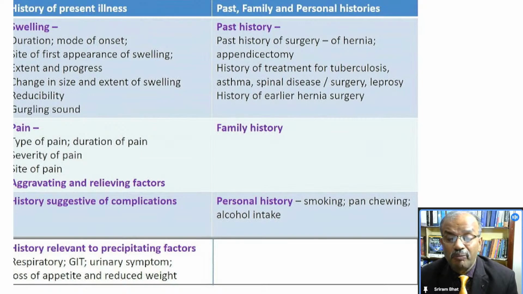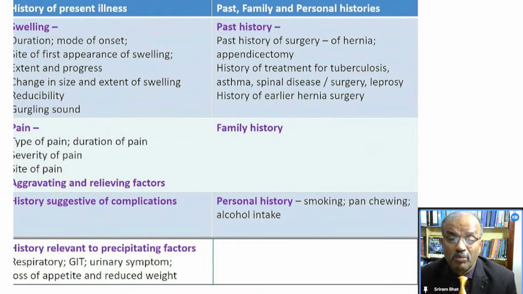Then history suggestive of complication. All of you know that the complications of hernia are first irreducibility, then it may get obstructed, luminal obstruction, then strangulation. Sometimes inflammation occurs. So these are the different complications of hernia which we are always worried about.